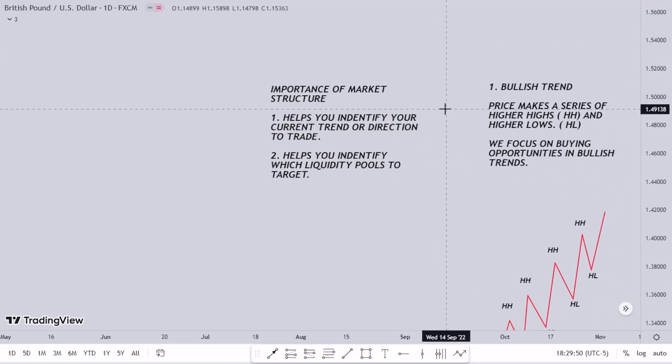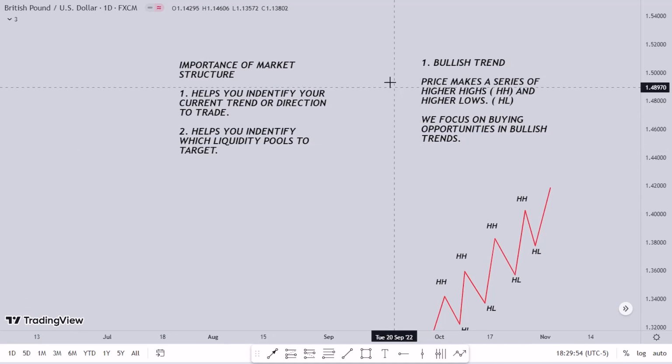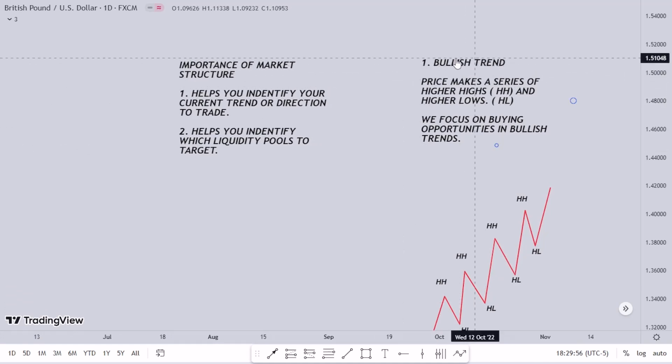So we are going to start with our first type of market structure. That's the bullish market structure or bullish trend. What we are saying is that in the bullish market structure or trend, price makes a series of higher highs, abbreviated HH, and then higher lows. Let me quickly explain this.